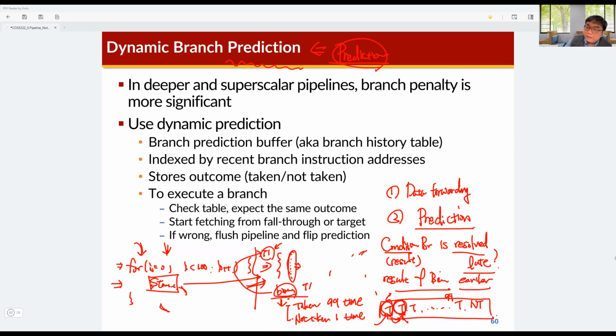So instead of waiting until the condition of the branch instruction is resolved, we can predict the result of the branch instruction earlier. By doing this, we can reduce the number of wasted cycles in our processor design. This technique is called branch prediction.